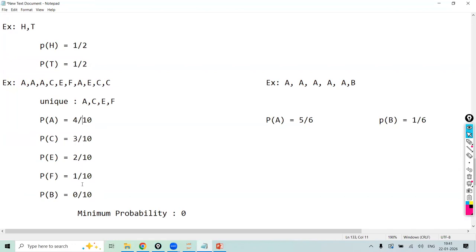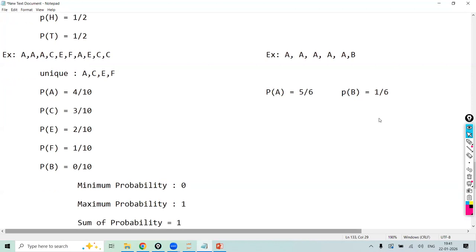What is the total? 10 by 10, which is 1. Now, in example number 3, 5 by 6 plus 1 by 6 is nothing but 6 by 6. This is also 1. So in all these cases, the sum of the probability will be 1.